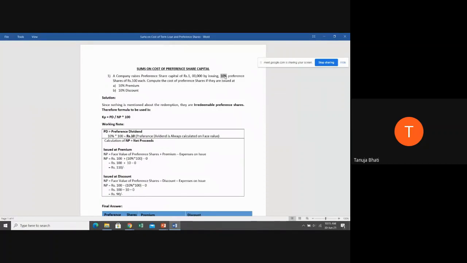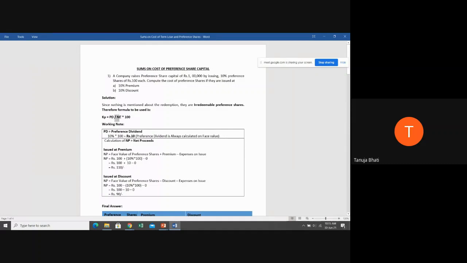So in the formula, KP is equals to PD divided by NP into 100, go step by step, students. It will not be tough for you to solve the problem. When I say preference dividend, first you need to calculate this. It is already given as 10%, so you take 10% of 100, and you get the preference dividend, that is rupees 10.